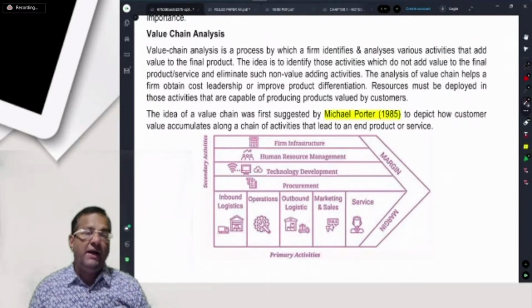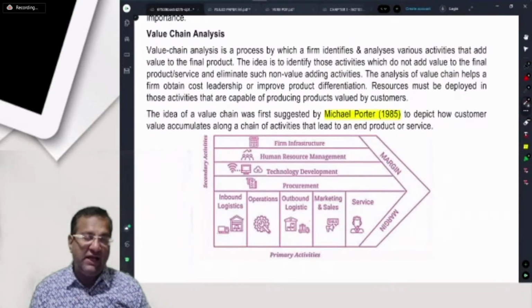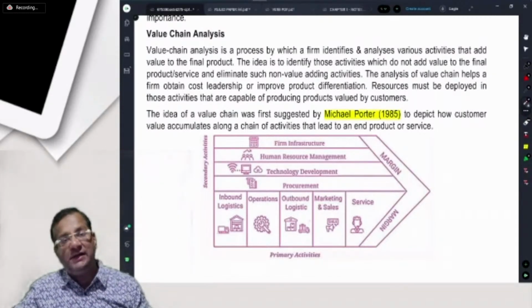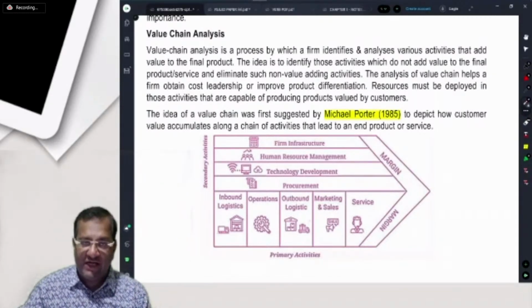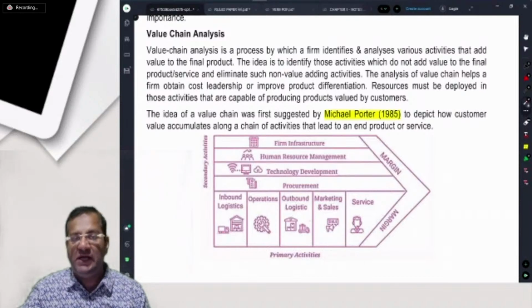If by incurrence on such an activity our customer benefits, then it's a value added activity. But if we are incurring expenses on such an activity, but the customer has not benefited by the incurrence of the amount, then all such activities are known as non-value added activity.